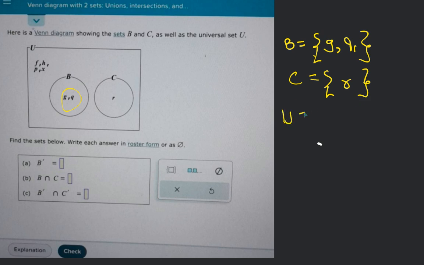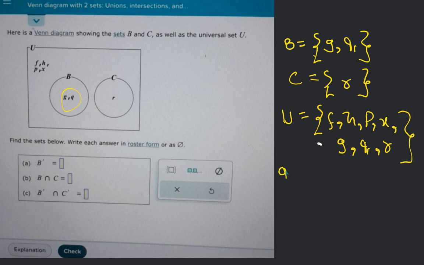And in the universal set, do you know what a universal set is, Joseph? Basically, the universal set means all the elements that are there over here: G, Q, R. So these are the elements of your set U. Regarding the first one, they have asked for the elements which are not there in B. Since we have to write it in roster form, we keep it in curly brackets.